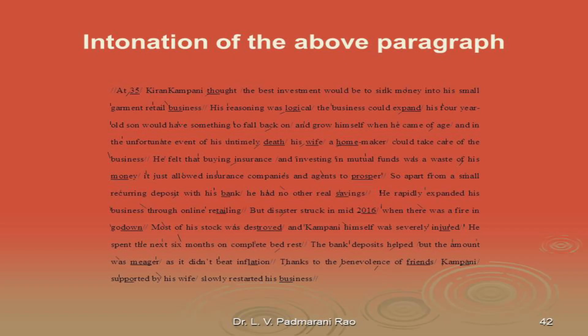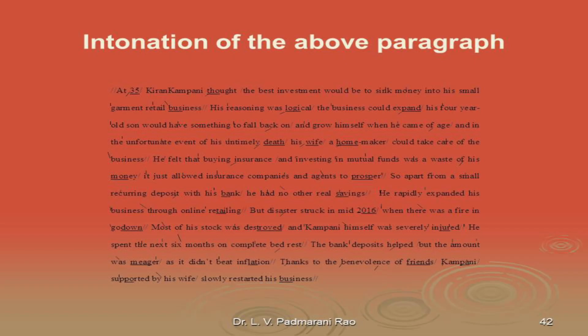At 35, Kiran Kampani thought the best investment would be to sink money into a small garment retail business. His reasoning was logical. The business could expand. His 4-year-old son would have something to fall back on and grow himself when he came of age.